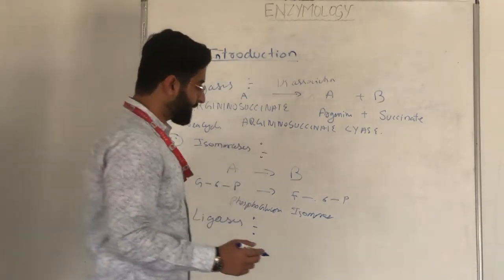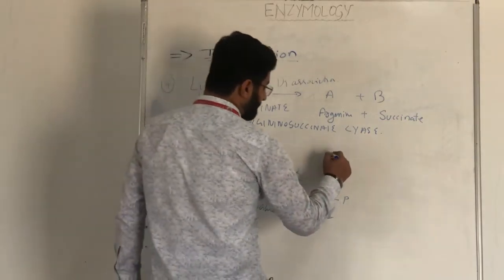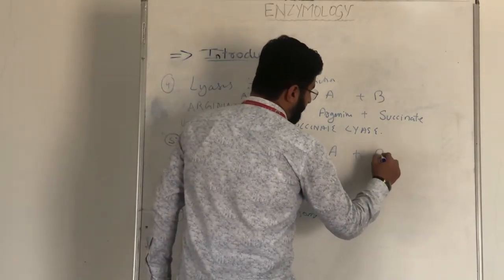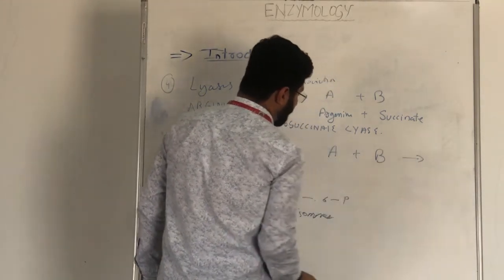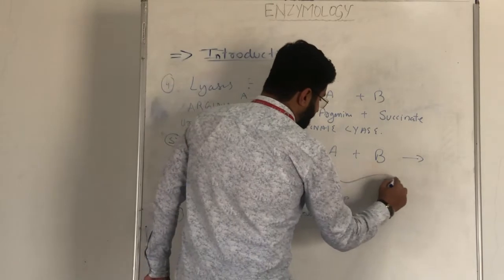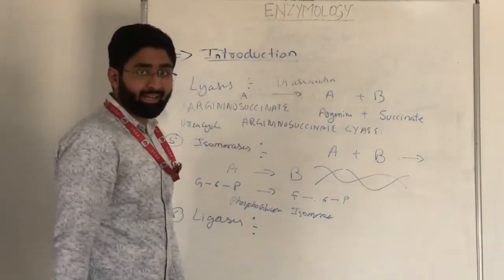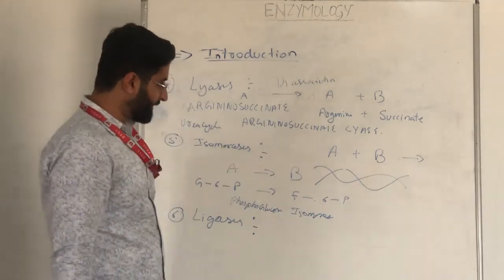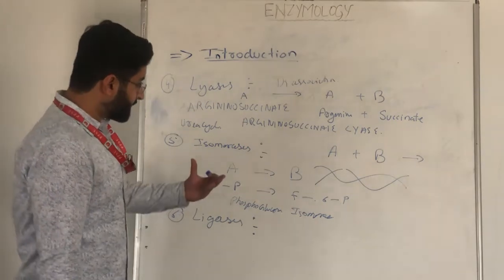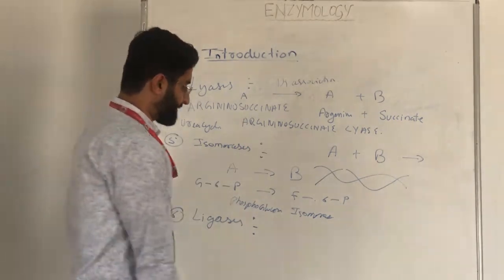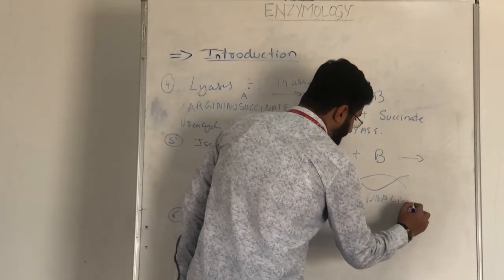So I'll be writing over here what ligase actually is, okay, because we have to explain. We have this reaction A plus B, which will give a product. So let me explain. Here we have DNA, okay. We'll see the role of an enzyme called DNA ligase.